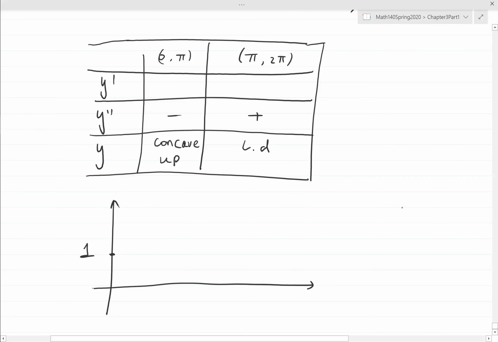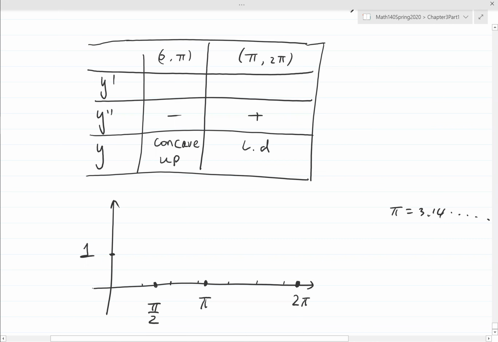Pi and 2 pi: pi is around 3.14, and 2 pi is around 6, a little more than 6. So suppose this is 2 pi here. Pi is 3.14, so this is around pi. Half pi is 1.5, so this is pi over 2. Now it's concave down.